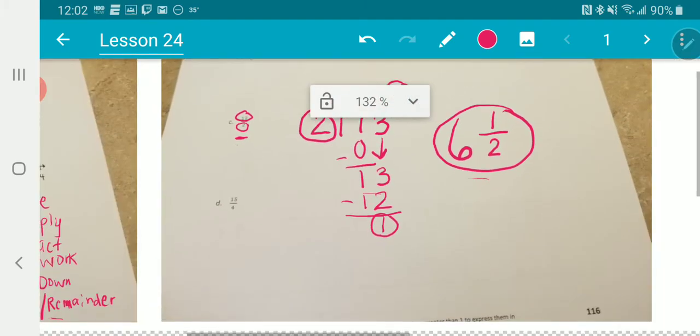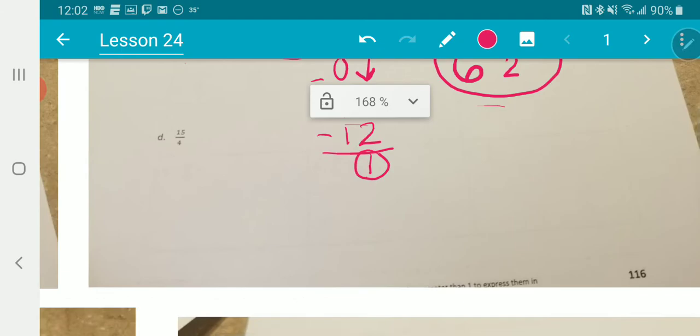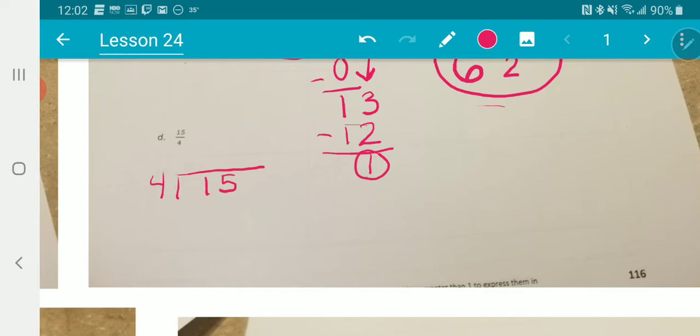Okay, let's go ahead and go into D, which is 15/4. So once again, that 4 is going to go on the outside of my house, and the 15 is going to go on the inside. And we're going to divide. 4 goes into 1 0 times. 0 times 4 is 0. I'm going to subtract.